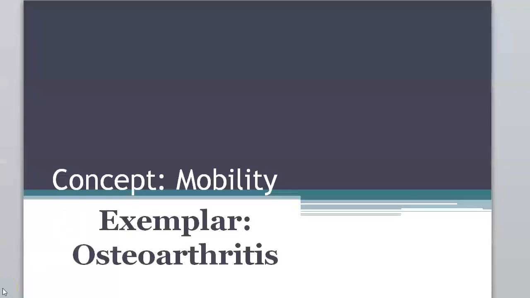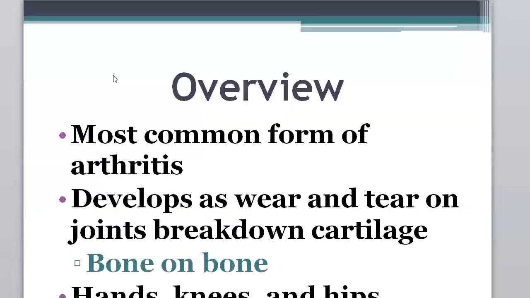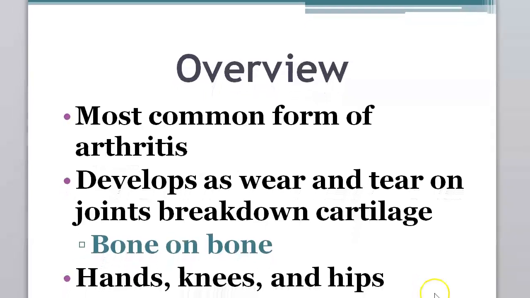Okay, continuing with our concept of mobility, our second exemplar here is osteoarthritis. So let's just go through this PowerPoint, okay? It is the most common form of arthritis, and depending on the severity, most people will get this as they age. It's part of the normal aging process because it develops as wear and tear on joints, with breakdown of cartilage, where you have bone on bone.